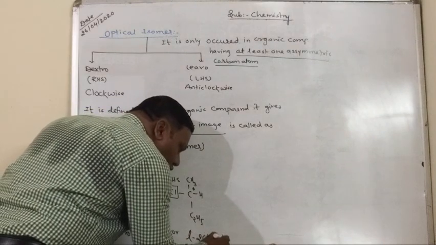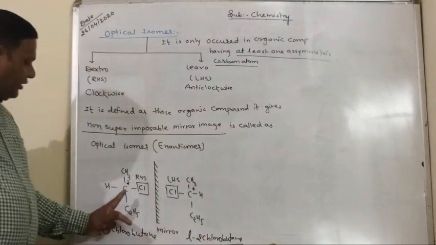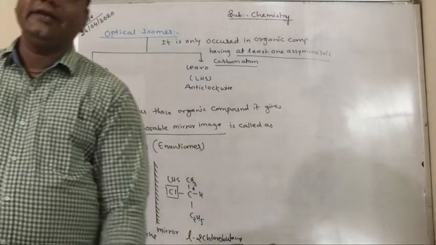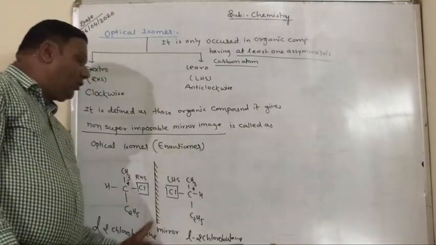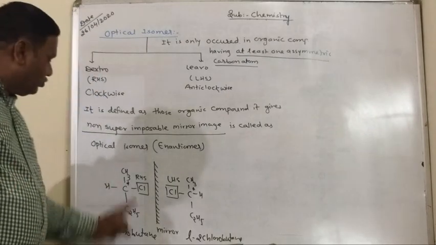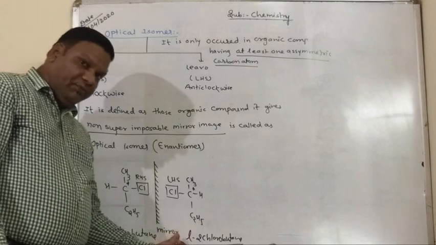Levo 2-chlorobutane. Understood? So dextro and levo 2-chlorobutane are the optical isomers. It is only possible because it is having an asymmetric carbon atom, meaning all 4 different groups are there.